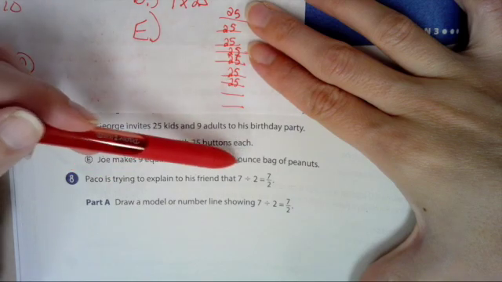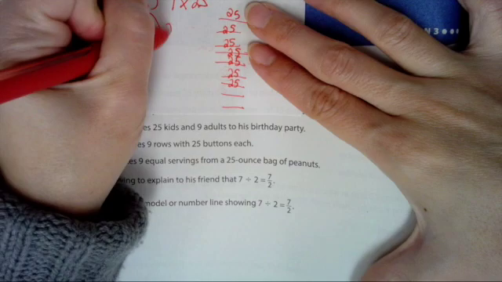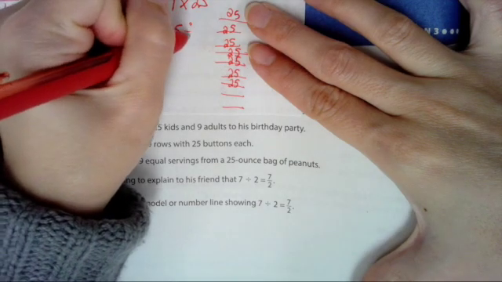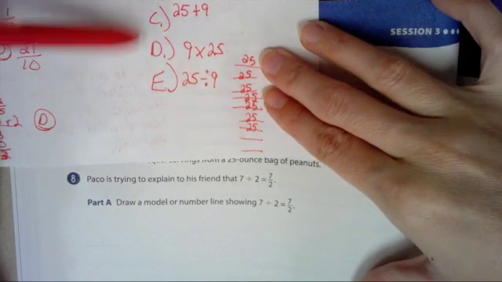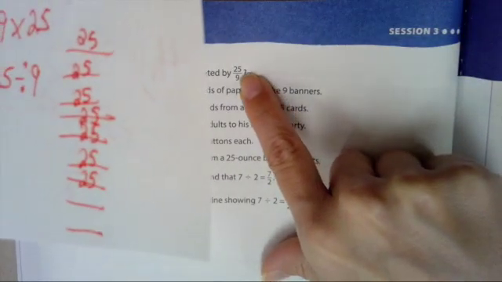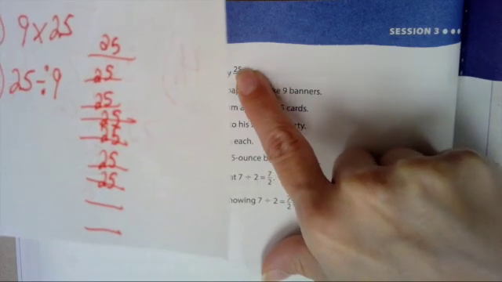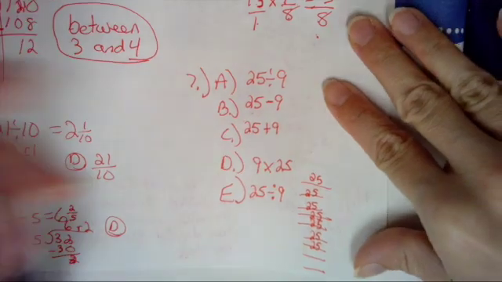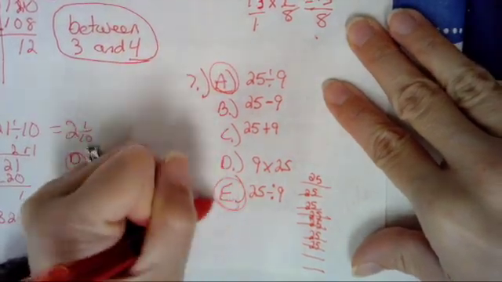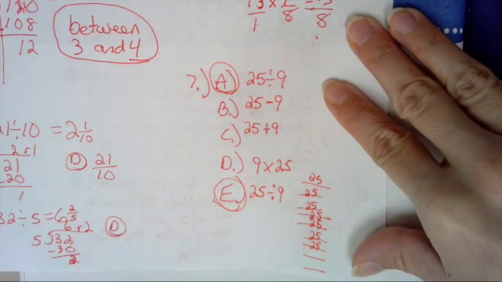So we're going to take 25 and divide it by 9. 25 divided by 9. Now that I have written an equation for A, B, C, D, and E, which ones show 25 ninths or 25 divided by 9? A and E both showed 25 ninths.